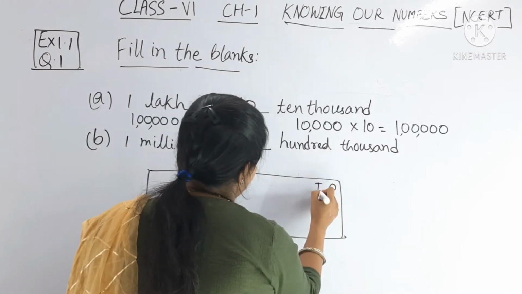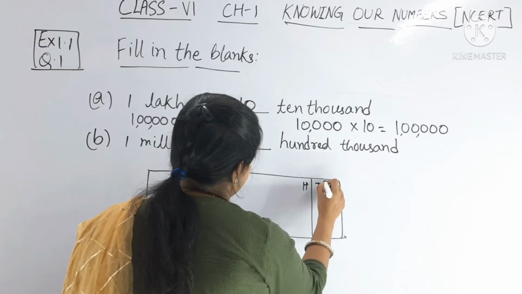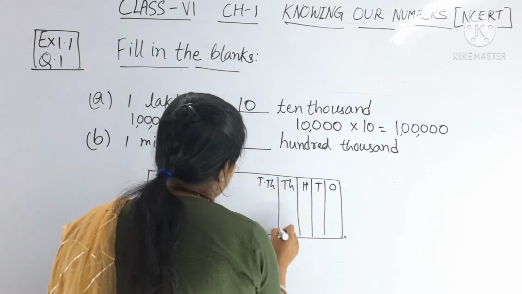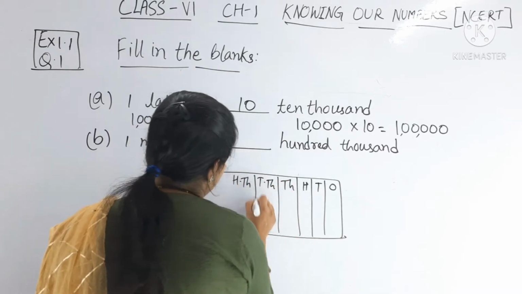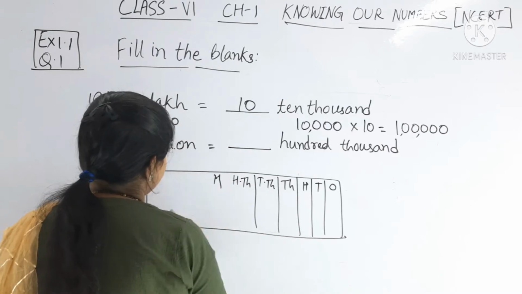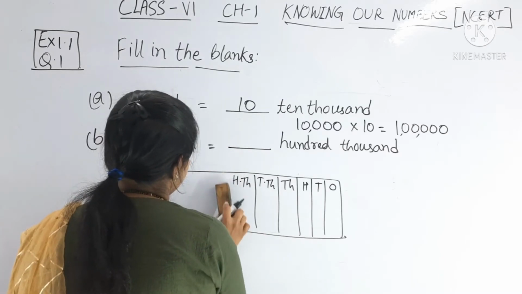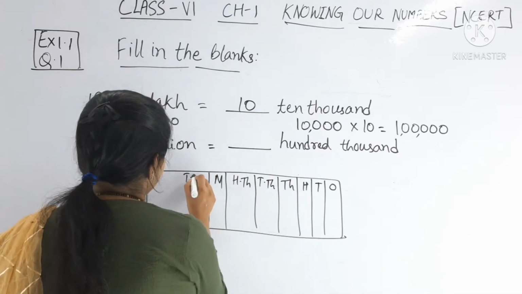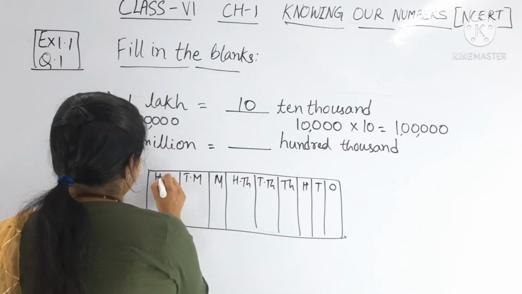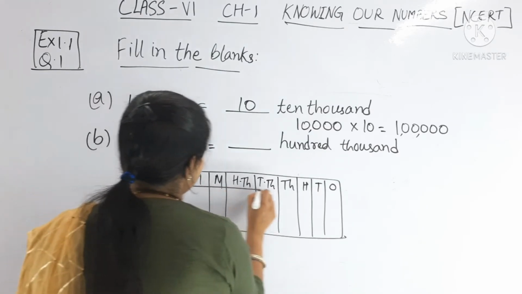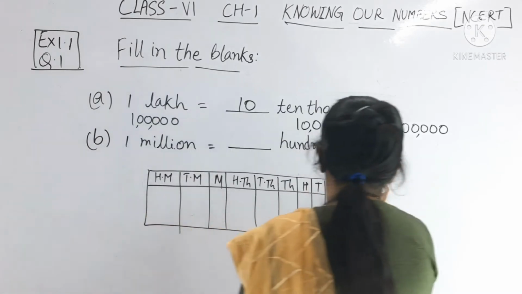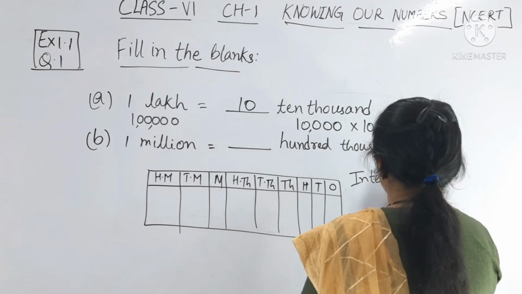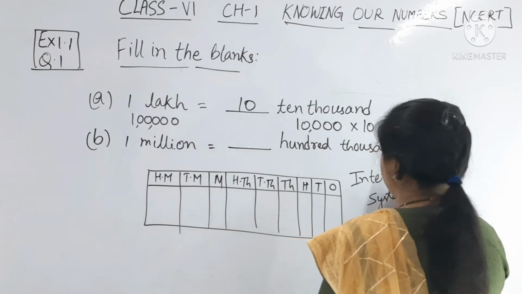Here ones, tens, hundreds, 1,000, 10,000, 100,000, millions, 10 millions, 100 millions. So this is the international system of place value chart.